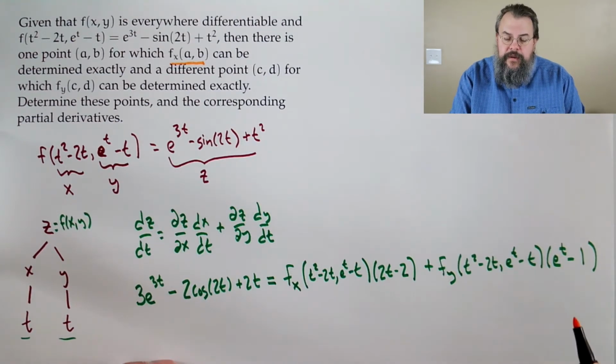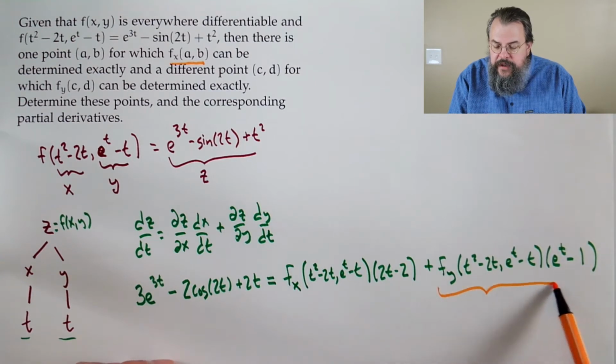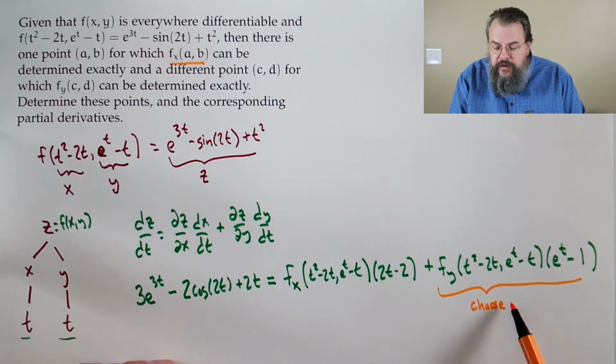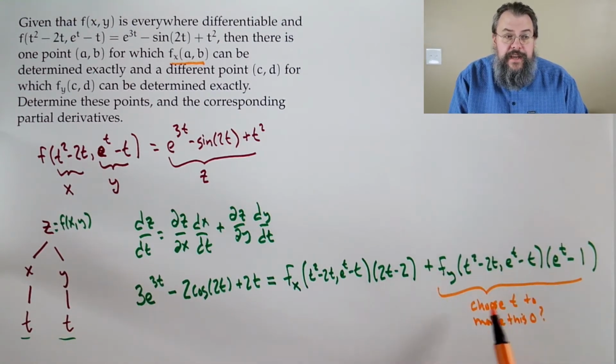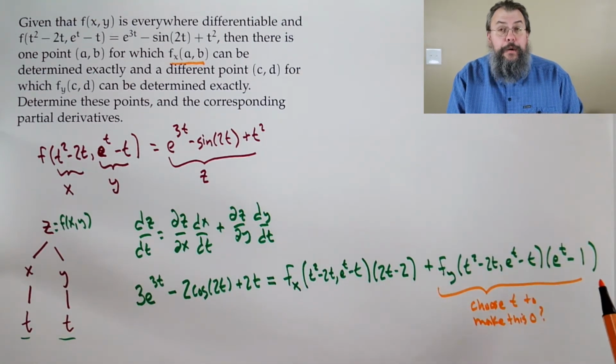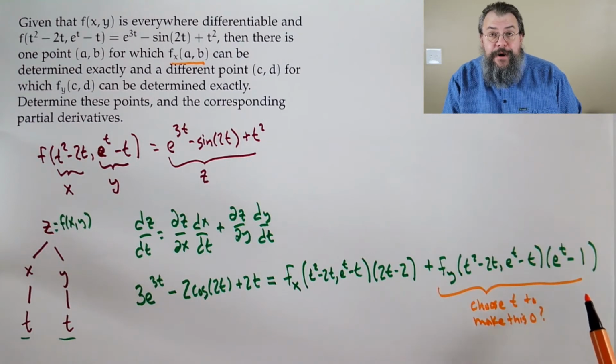So now we come to this and ask, is there some value of t which makes this 0? That's our question. Can we do it? We don't know anything about f, or about f sub y. But we do know about e to the t minus 1.